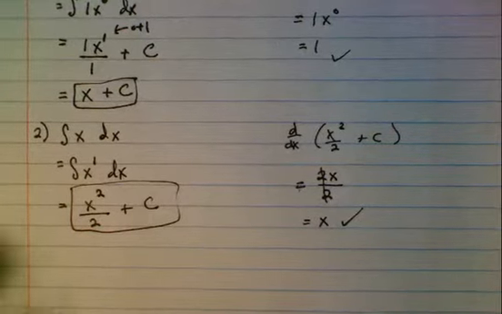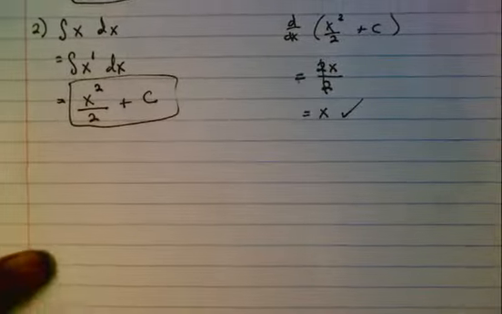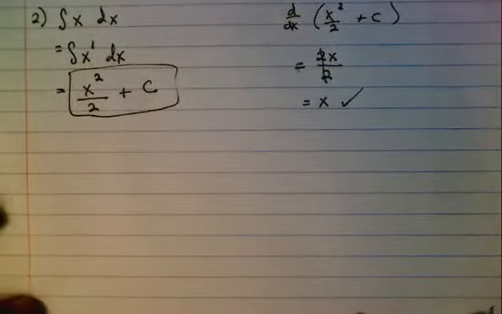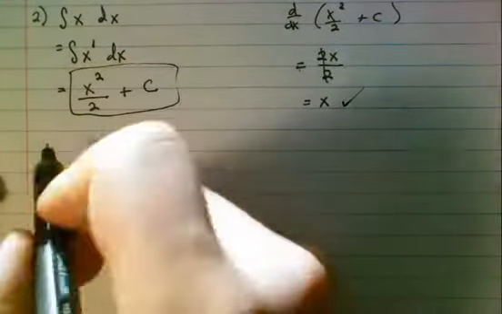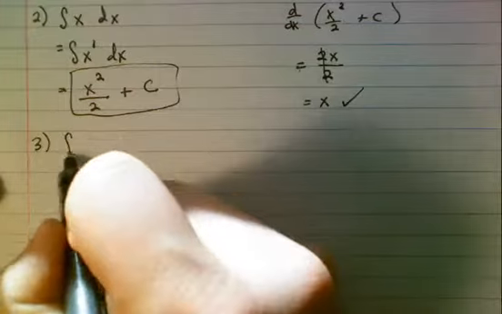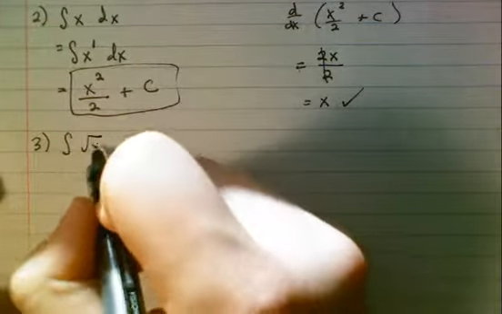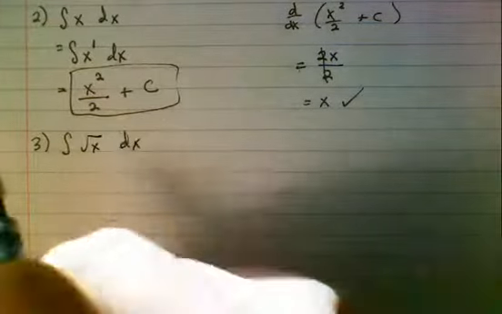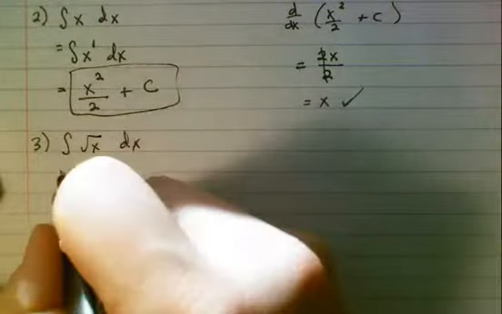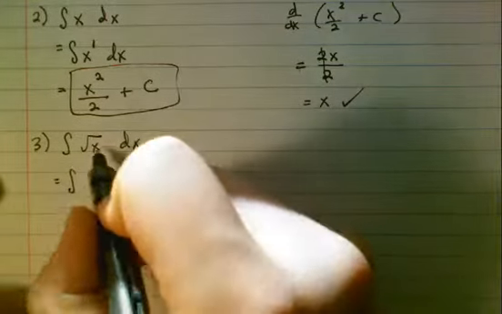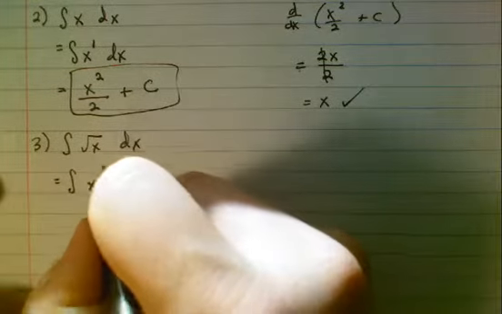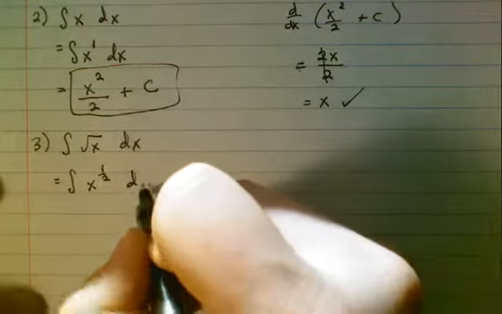Some of the other rewrites that we'll do for the power rule are very, very similar to what we did for the derivative version of the power rule. So let's take the antiderivative of the square root of x dx. We remember from when we were doing the derivative that that's the same as x to the 1/2 power.